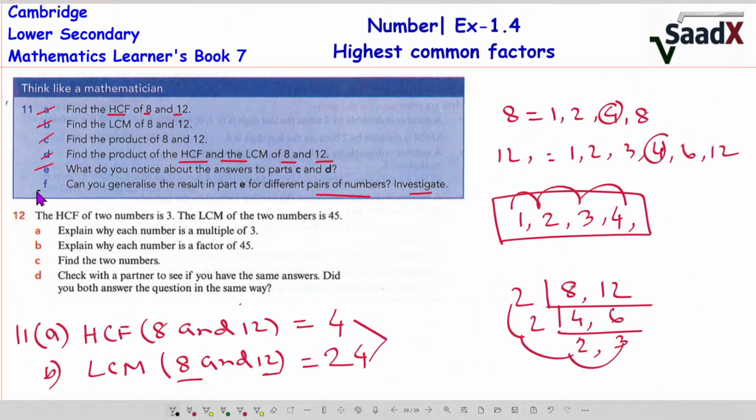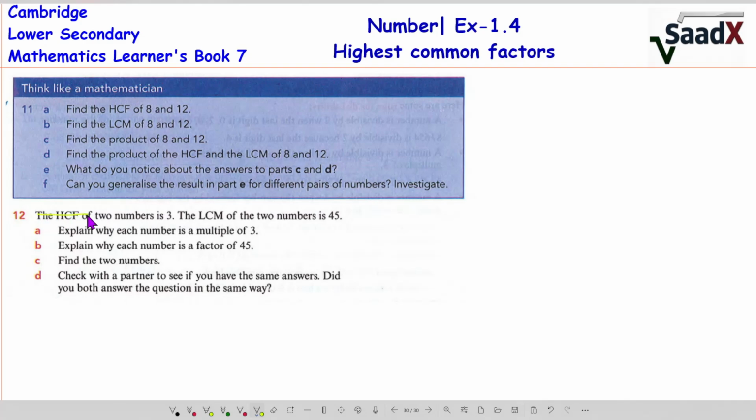So number 11 is done. Number 12: the HCF of two numbers is 3 and the LCM of two numbers is 45. Explain why each number is a multiple of 3.